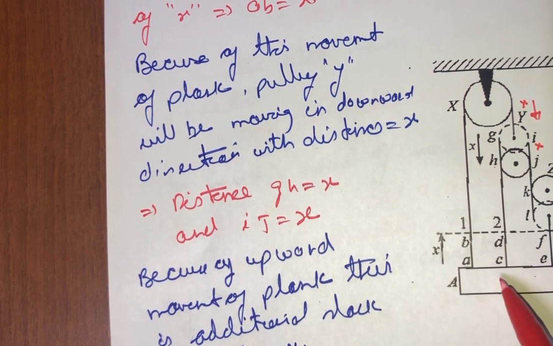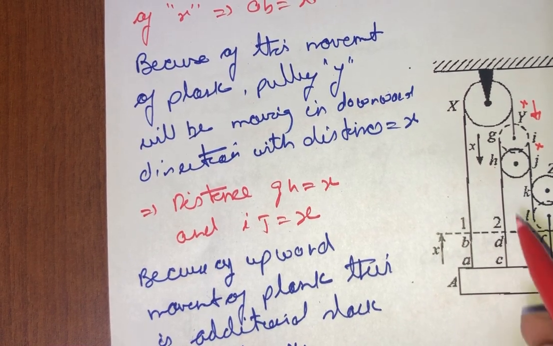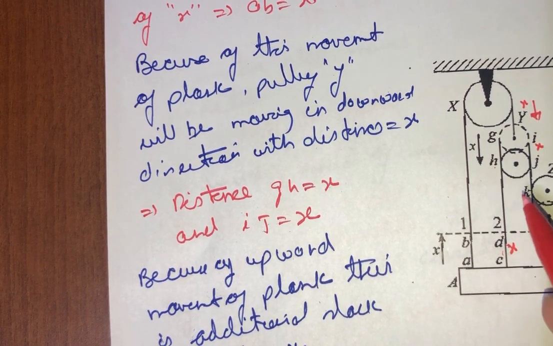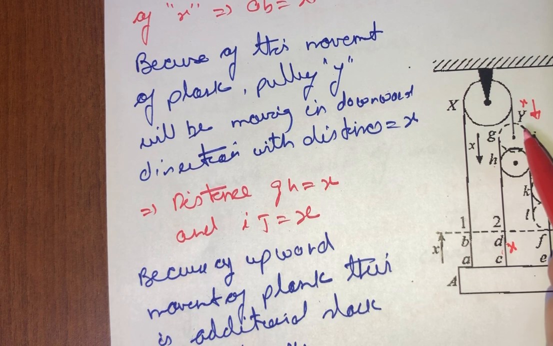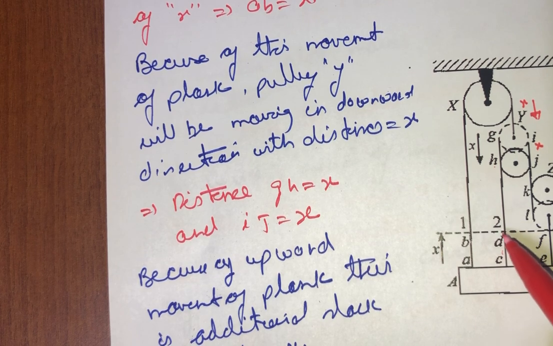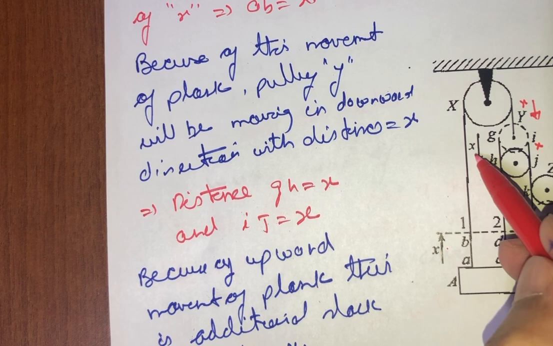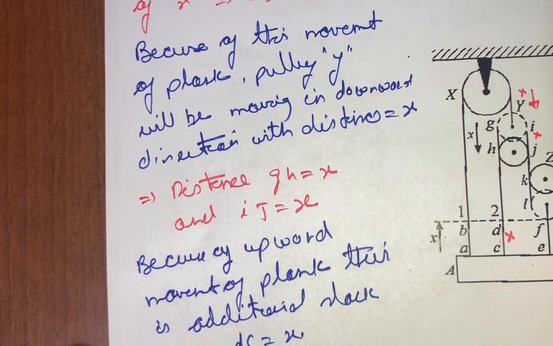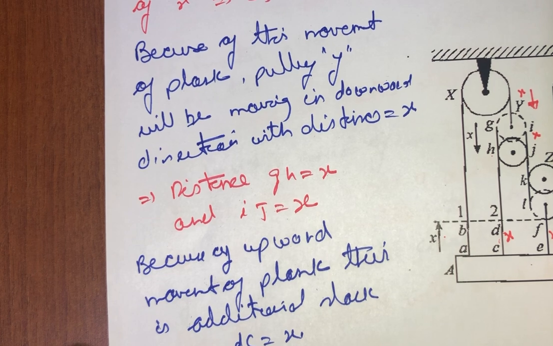Now secondly, as the plank rises upward, DC, x, will produce additional slack. And further, as the plank moves upward, EF will also be x.